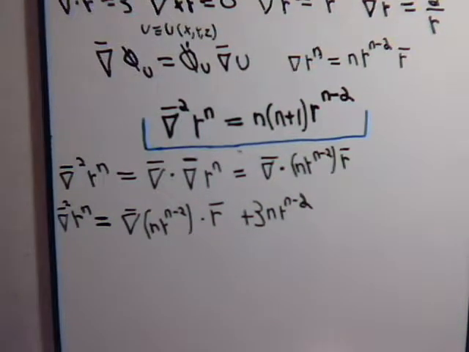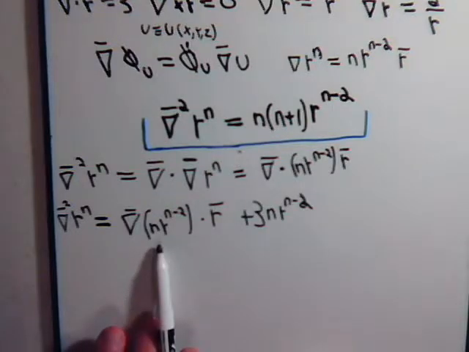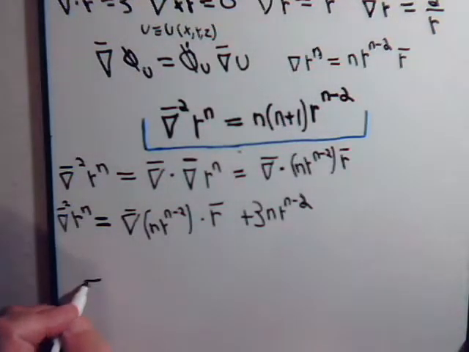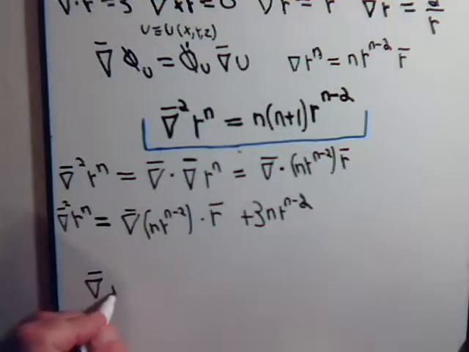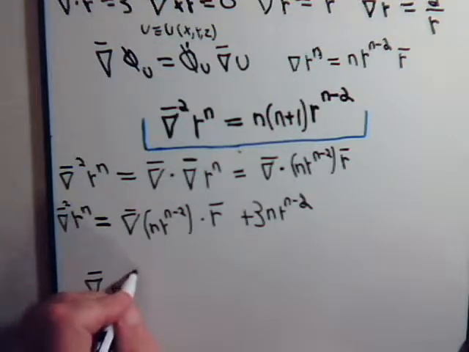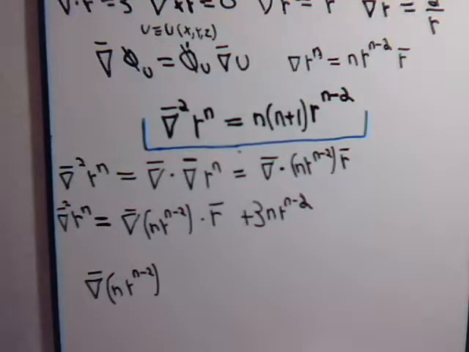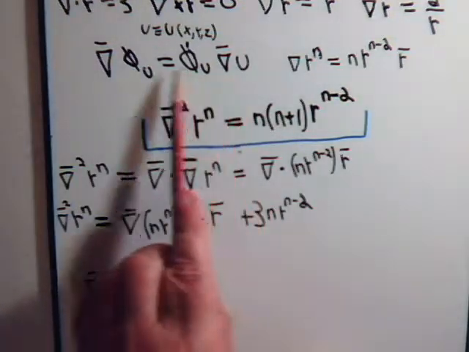Okay, now to continue, we have to determine what this is. So here we have the gradient of n times r to the n minus 2. And that is where this expression comes in.